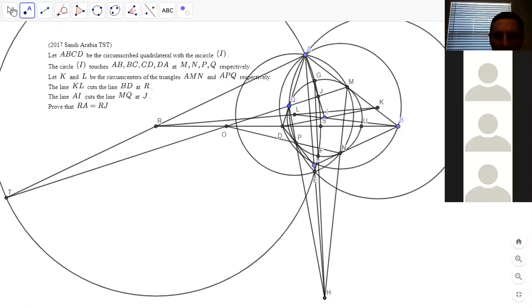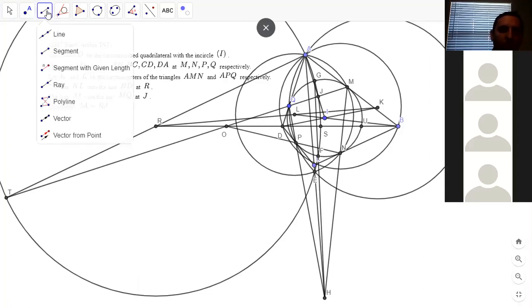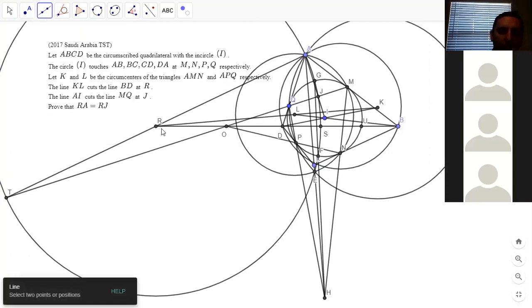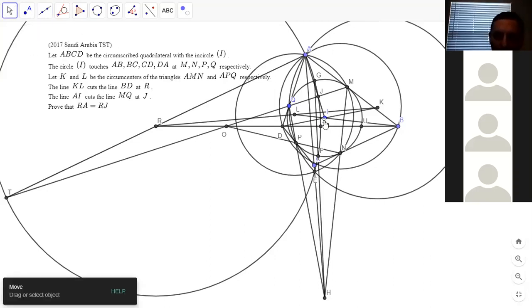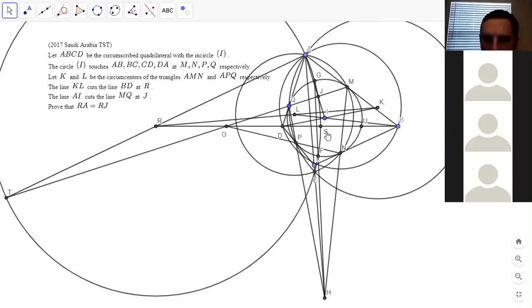So if we call that S instead, we want to show RS squared is RA squared. And yeah, I don't think RA is tangent to the circle, right? No. Basically, we want to show RS squared is the power of R with respect to the nine-point circle.